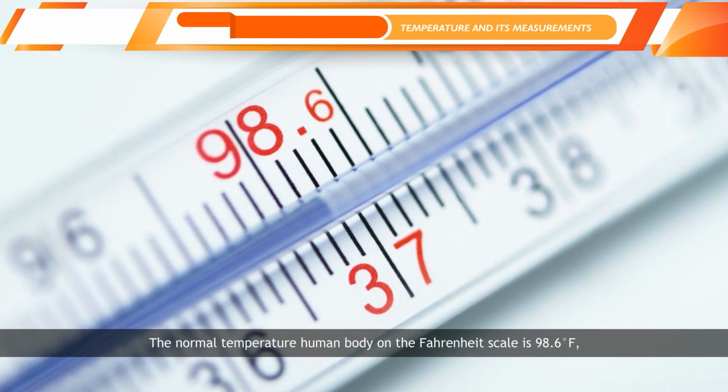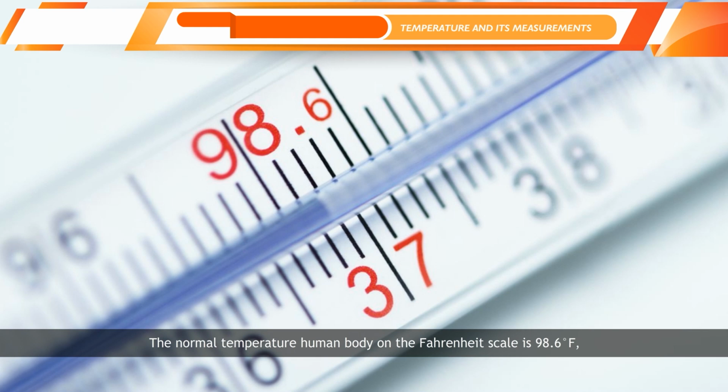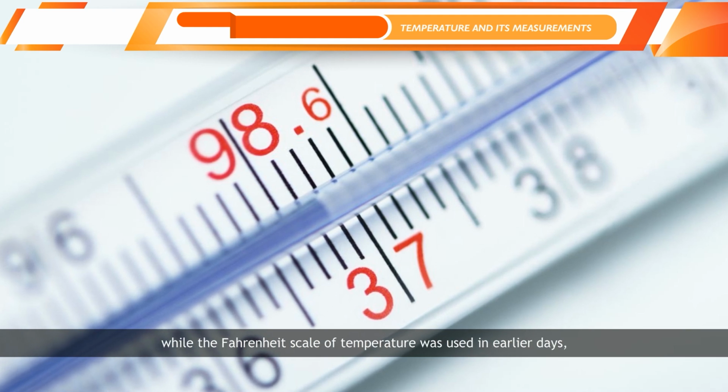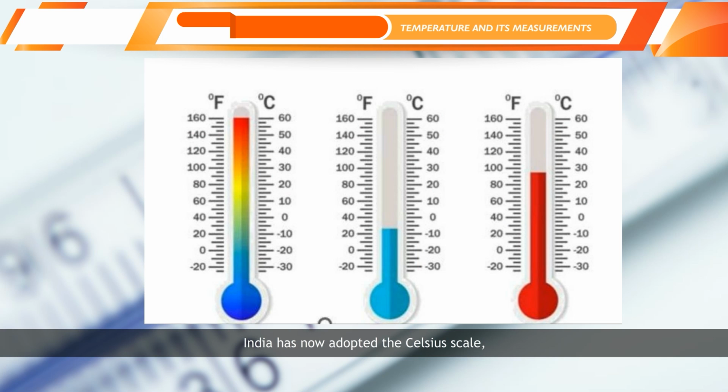The normal temperature of the human body on the Fahrenheit scale is 98.6 degrees Fahrenheit. While the Fahrenheit scale of temperature was used in earlier days, India has now adopted the Celsius scale, so we should read the Celsius scale temperatures marked on the clinical thermometer.